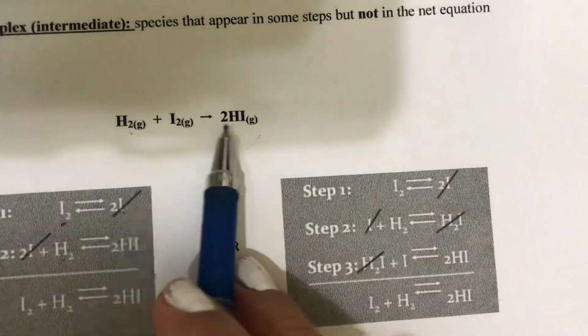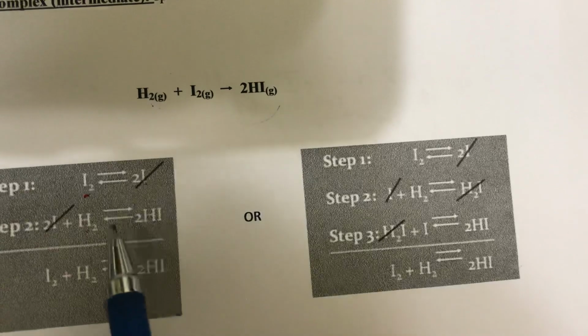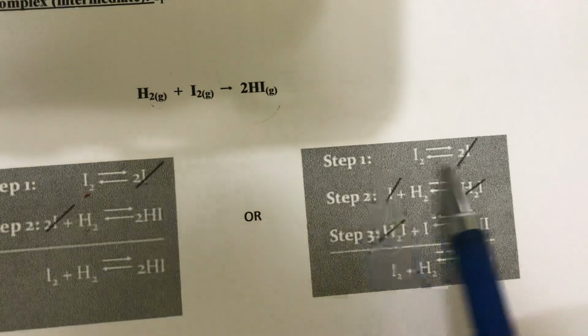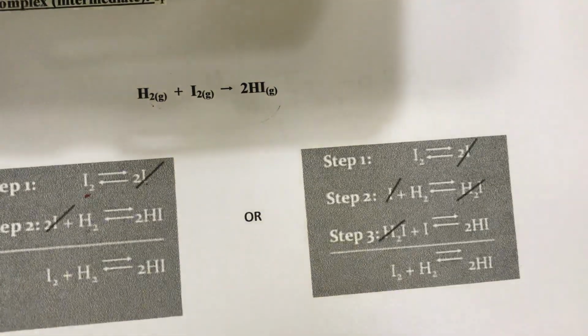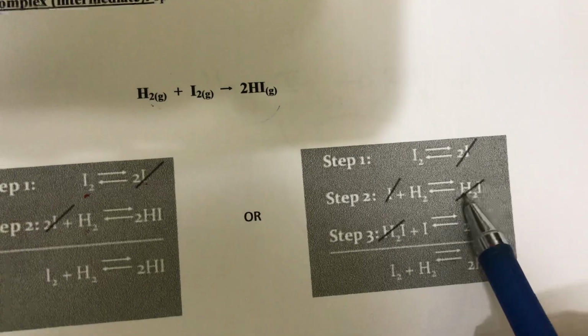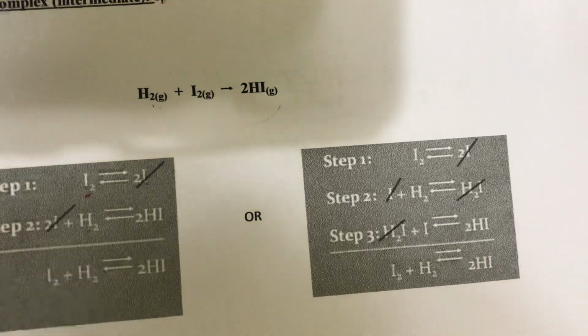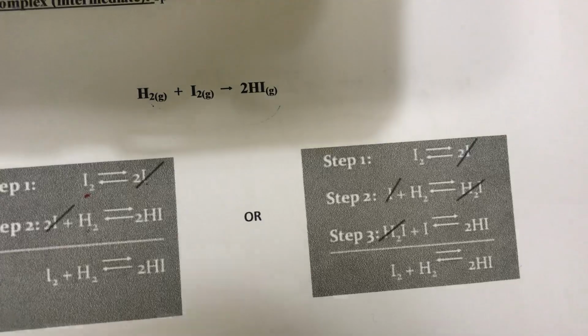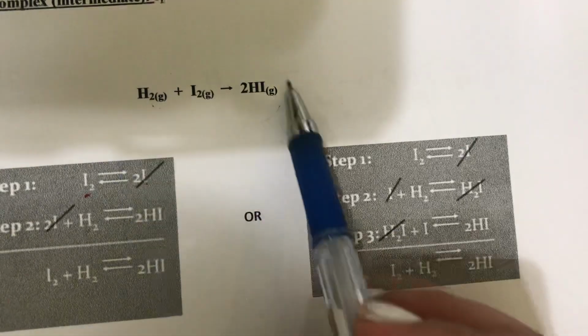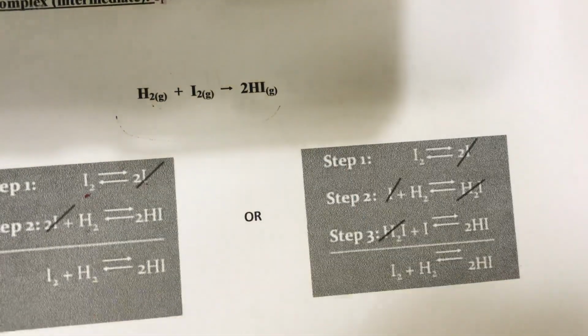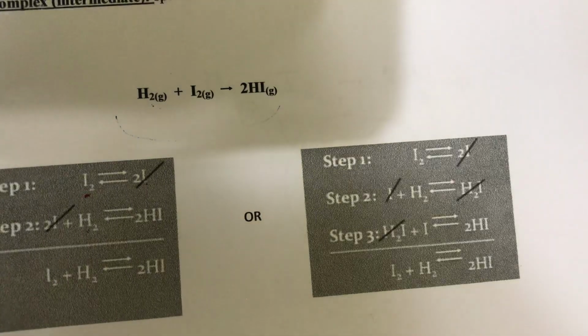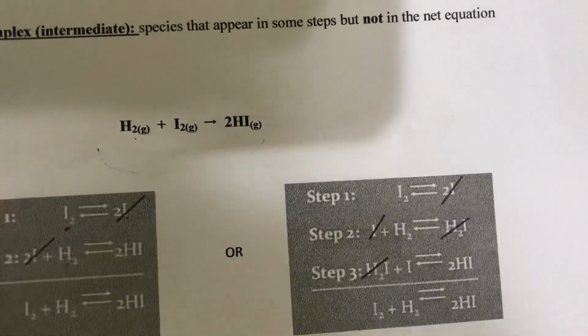So here in the chemical equation, you don't see some substances. These substances that do not appear in the net equation are called activated complex or intermediate.